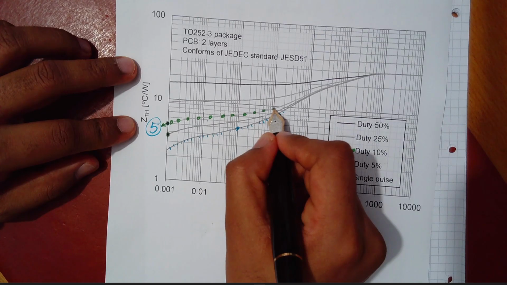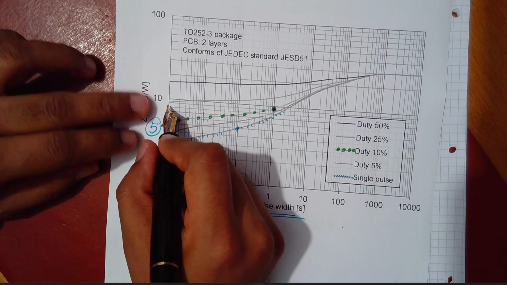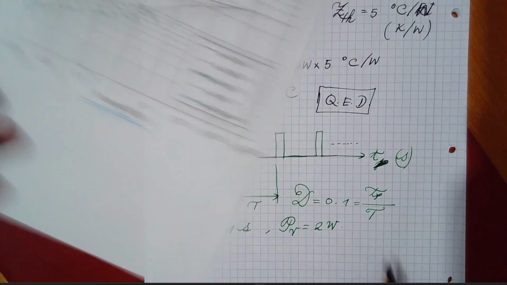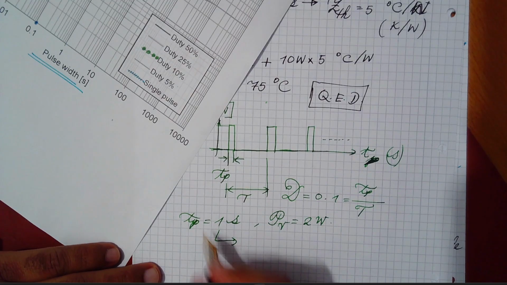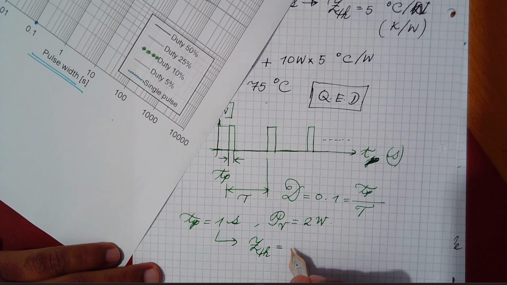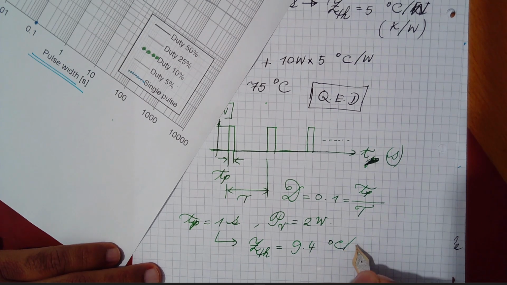It is here, and it represents around 9.4. So ZTH, corresponding to TP equal to 1 second, is 9.4 degrees Celsius per watt.